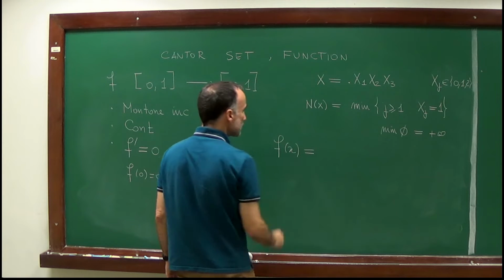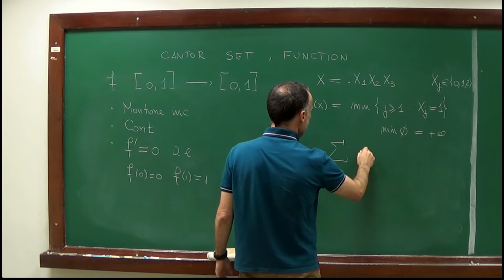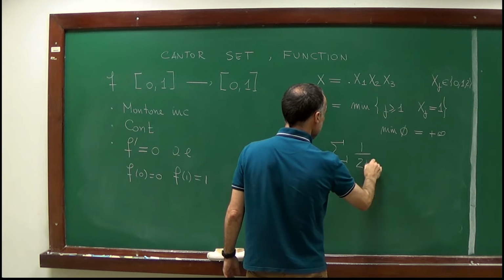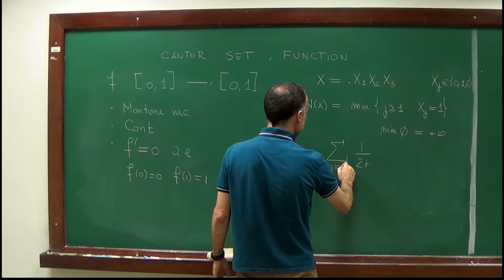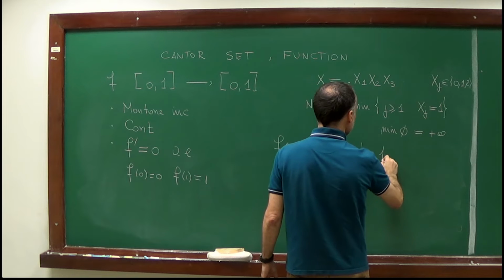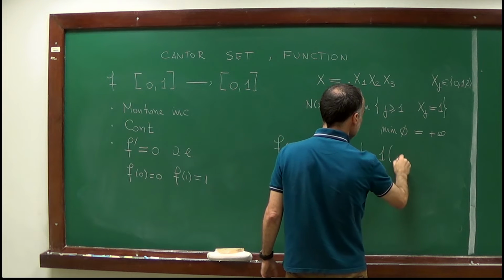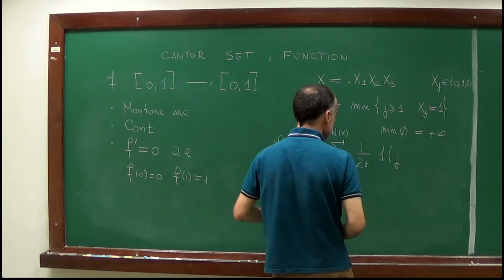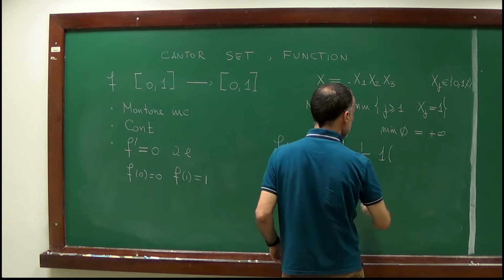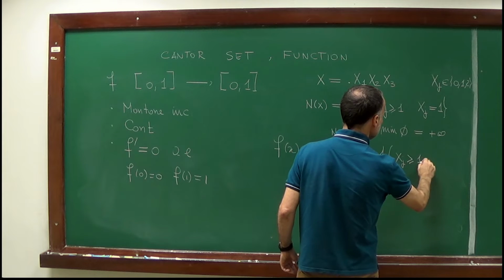I take a point x, and I sum 1 over 2 to the power j, j from 1 up to nx, but I will sum only those j's for which xj is either 1 or 2.